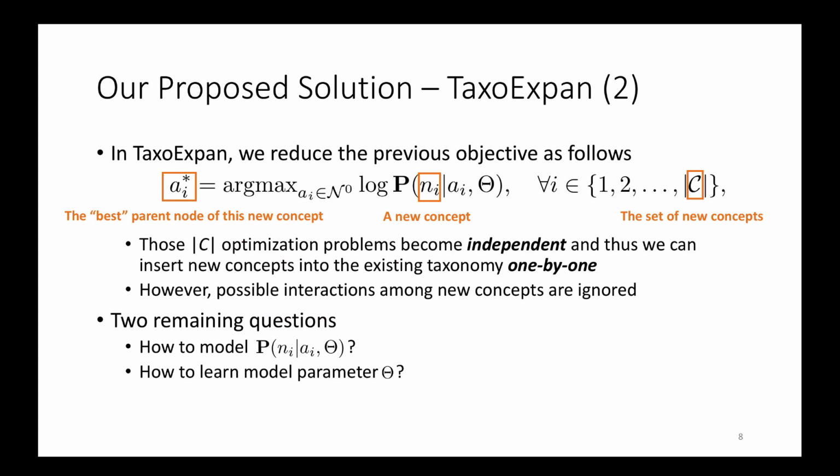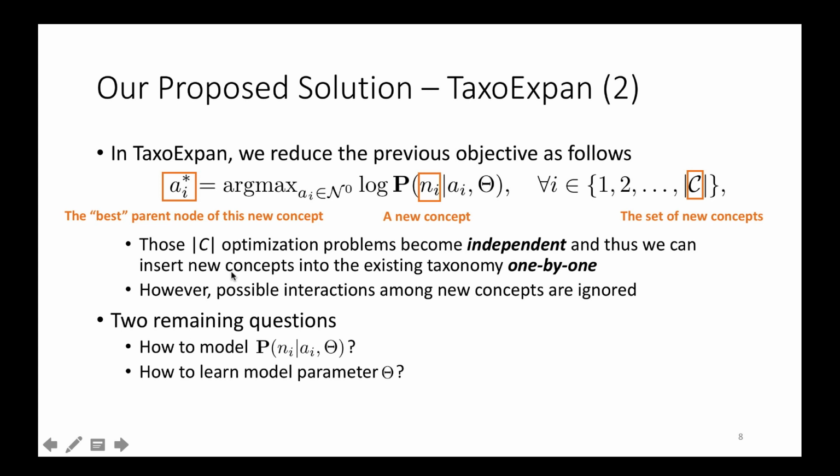First, as we do not attempt to modify the existing taxonomy, we will fix the parent node of each existing concept and only search the parent nodes of each new concept. Second, we assume all new concepts are independent, and thus we can find the best parent node of each new concept independently.